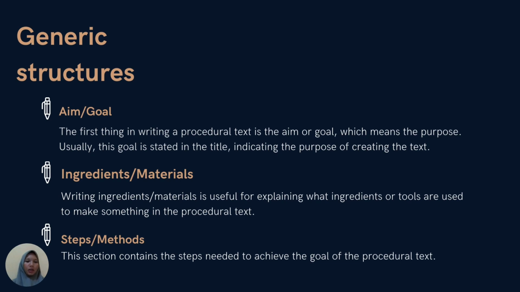This section contains the steps needed to achieve the goal of the procedural text, or provides a detailed step-by-step guide on how to achieve the aim or goal. It breaks down the task into manageable parts, often in a chronological or logical order.